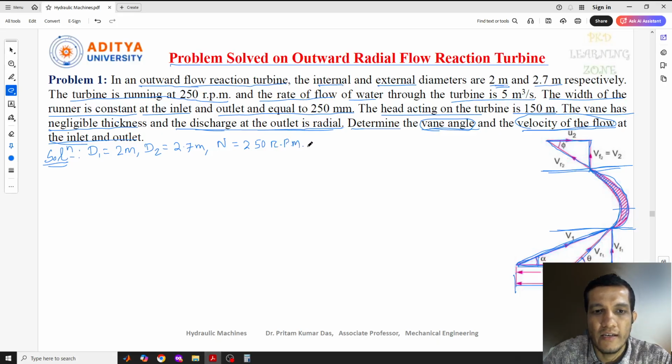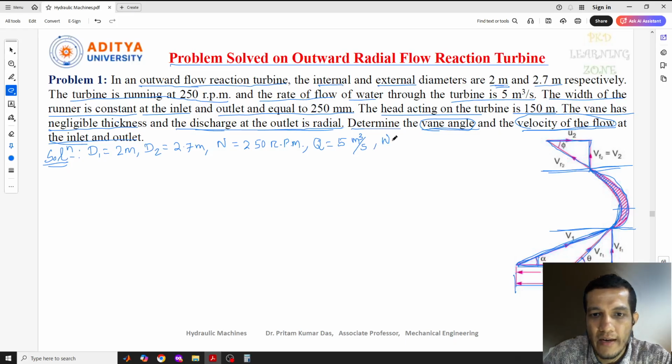And the next is the rate of flow of water through the turbine, at what rate the fluid is flowing over the turbine, that is given, or we can say this is discharge also. So we can write Q, rate of flow, is 5 meter cube per second. The width of the runner at the inlet and outlet is given.